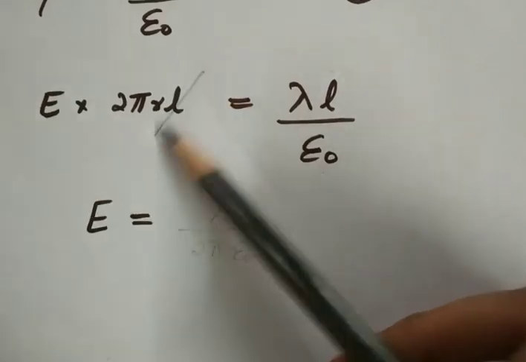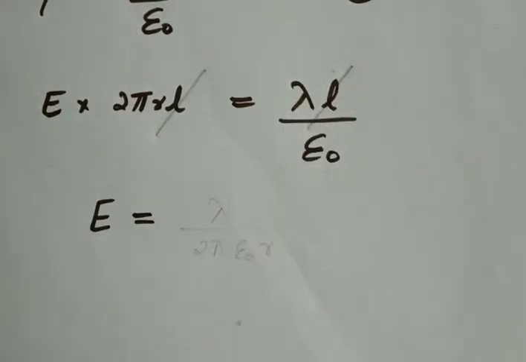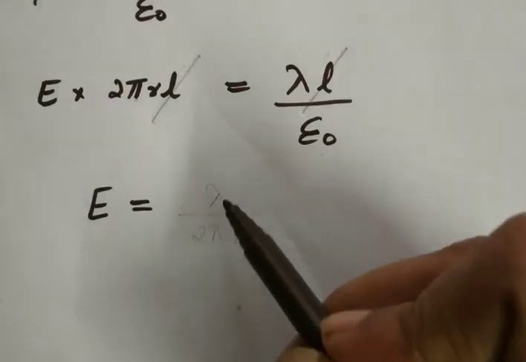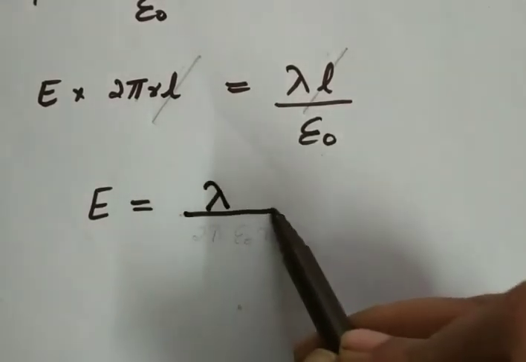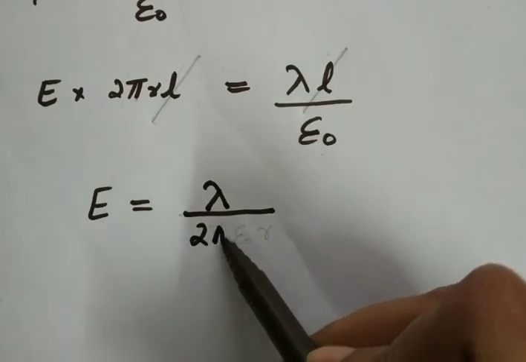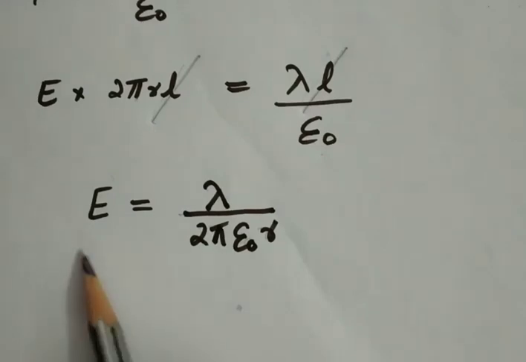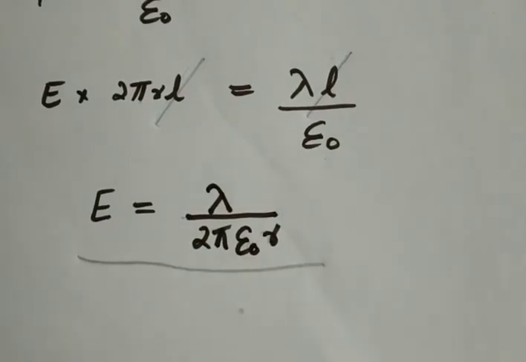L and L, you can cancel from both sides. And what is the value of E? You get E is equal to lambda by 2 pi epsilon 0 R. Okay, so this is our equation. E is equal to lambda by 2 pi epsilon 0 R.